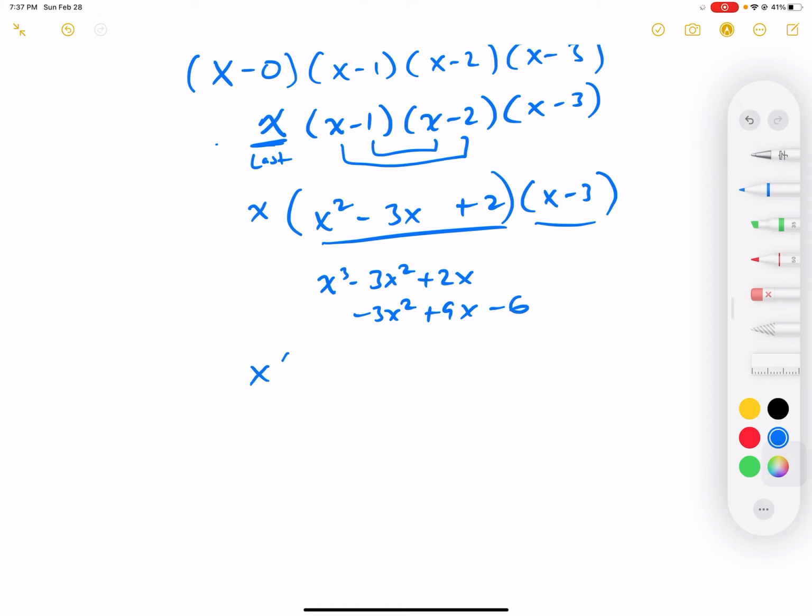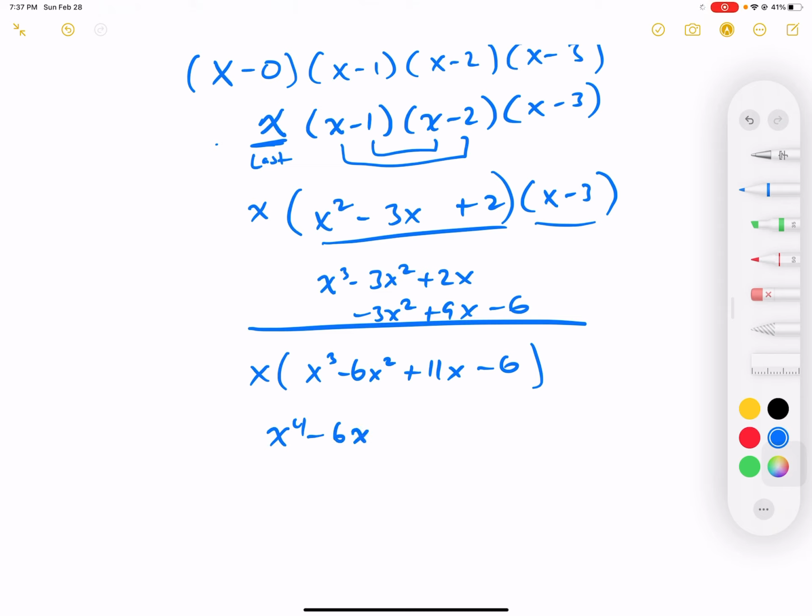Okay, so what we're left with over here is x cubed minus 9x squared plus 11x. Oops, sorry, I should multiply instead of just adding. That's negative 3 times 2, which is negative 6. 2 plus 9 is 11, and negative 6. Then we're going to multiply everyone by x. X to the 4th minus 6x cubed plus 11x squared minus 6x.